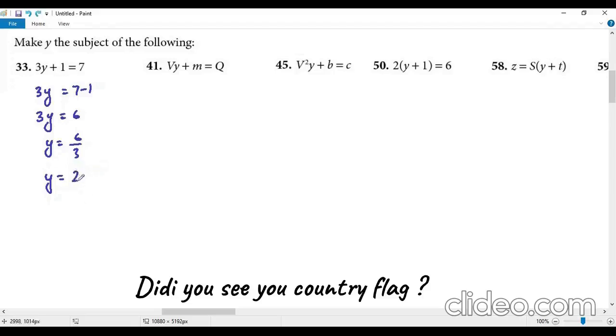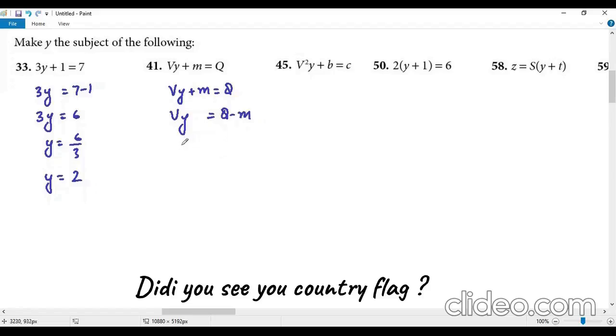Now, vy plus m equals q. That means vy will stay here and q minus m, it's not a capital M, simple m.